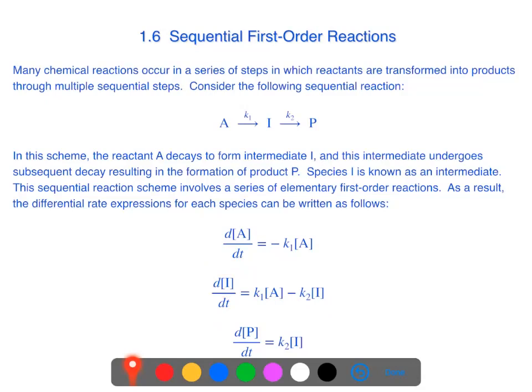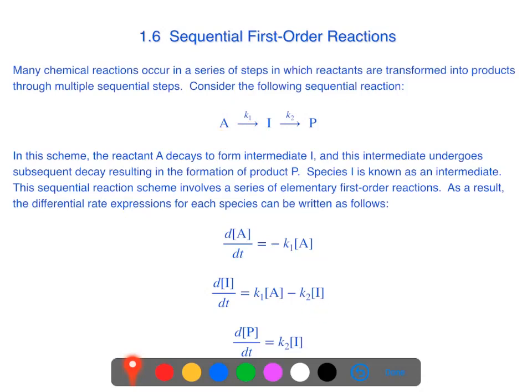That's because the intermediate is involved in the first step, that is the decay of A to I, but the intermediate is also involved in the formation of P. So as it decays, it forms the product P. And so the first term, k1 times the concentration of A, reflects A going to I. So the concentration of I is dependent upon the rate constant k1 and the original concentration of A.